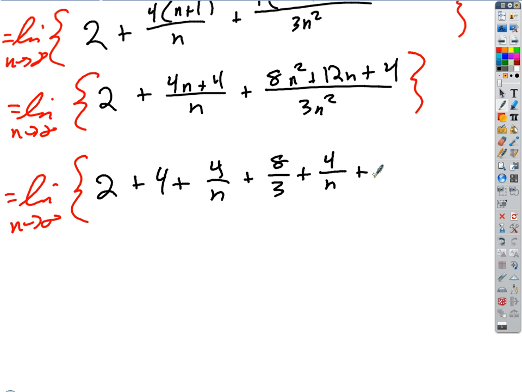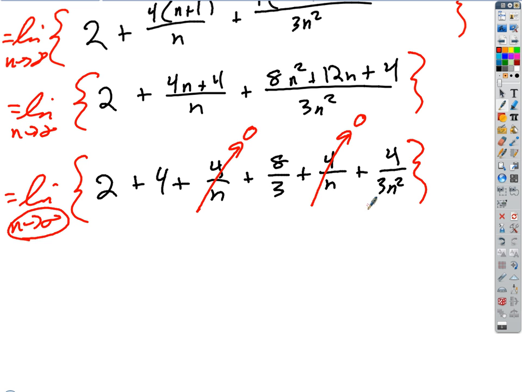Good. Plus last one? Good. And now, no n's on the top anywhere, right? The only n's that survive are in the denominators of fractions, so what's going to happen when we take our limit as n goes to infinity? What happens to this term? 0. This one? 0. 0. Right?